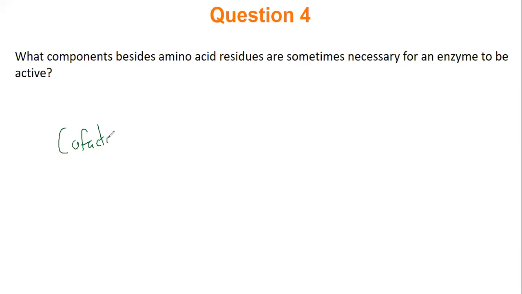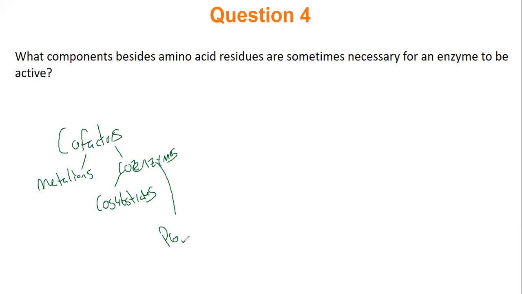So remember, cofactors are your molecular teeth. Enzymes are just made out of protein. Sometimes you need something else for the enzyme to work. So it could be metal ions, which are one type of cofactor, or if they're organic, they're called coenzymes. If they are not always attached, they are a co-substrate. And if they're always attached, that's a prosthetic group.